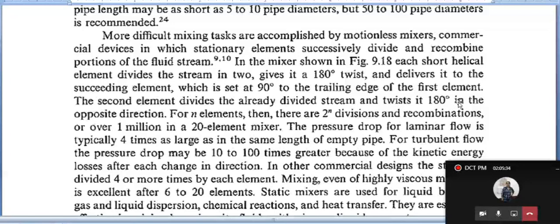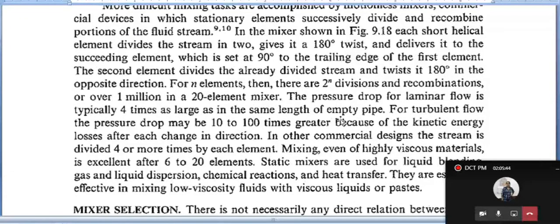So it will twist 180 degrees, and then divide into two halves what was already divided by the first element. So thus for n elements there will be 2 to the power of n divisions and then recombinations. So the more elements you keep, the more divisions and recombinations, and then we are heading to mixing, provided we have a proper length.